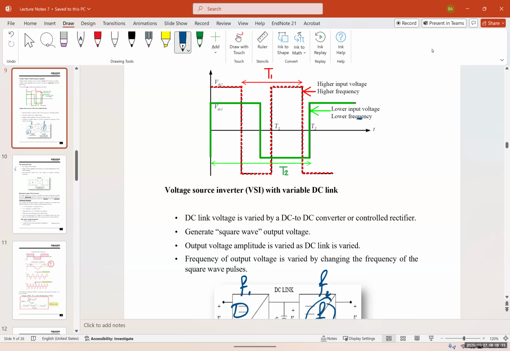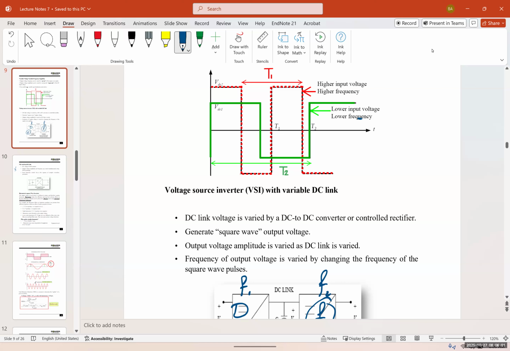To compensate for that, we need to have a fixed input source, a fixed DC voltage source. Sometimes our DC source is a battery, sometimes a solar panel, sometimes a wind turbine. As you know, the wind doesn't blow all the time, the sun doesn't shine, so the voltage is fluctuating.